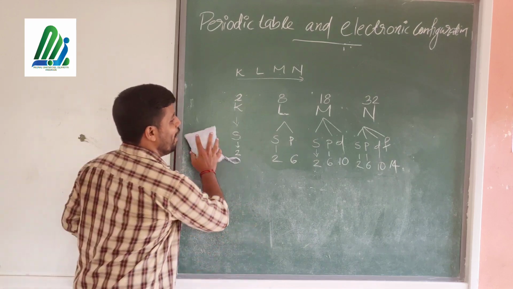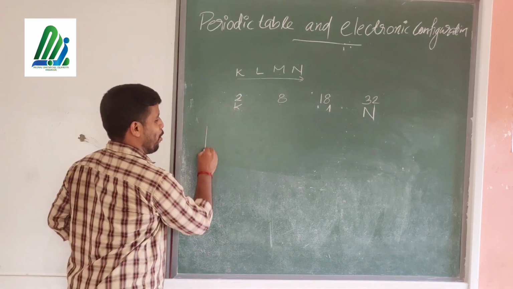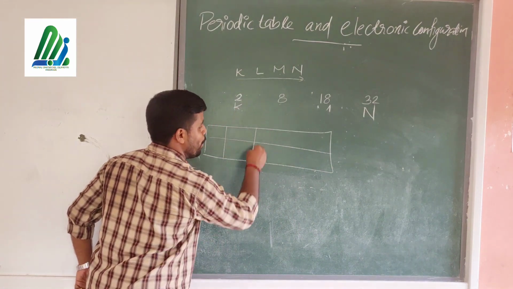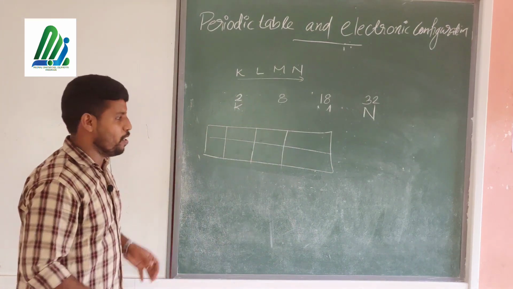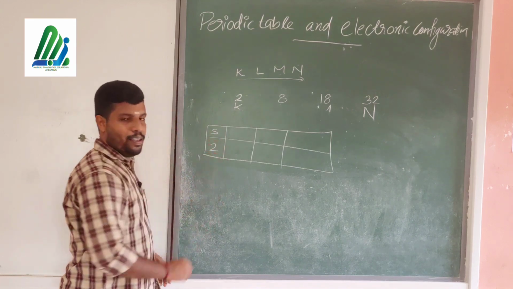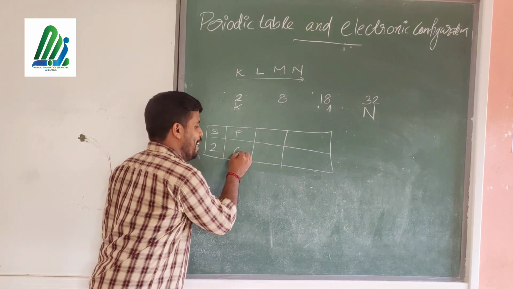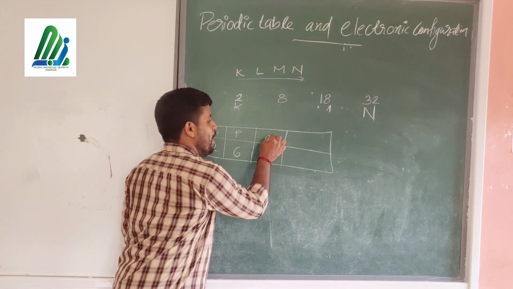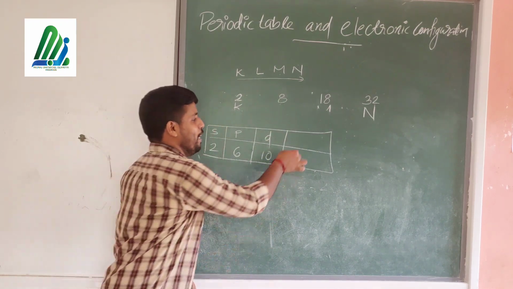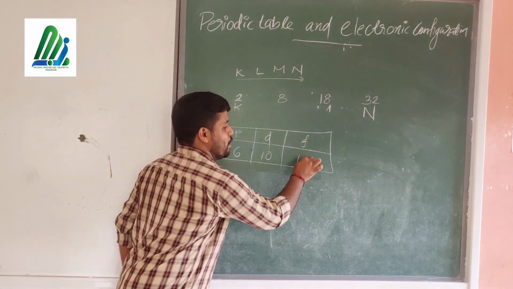Again, we conclude that the maximum number of electrons possible to accommodate in each subshell is: in the S subshell, 2; in the P subshell, 6; in the D subshell, 10; and in the F subshell, 14.